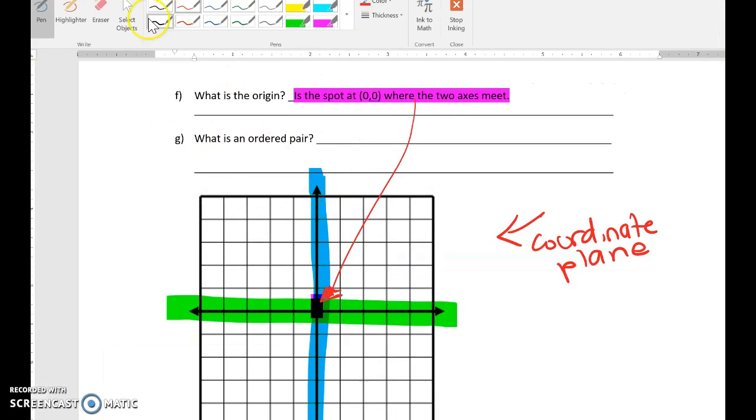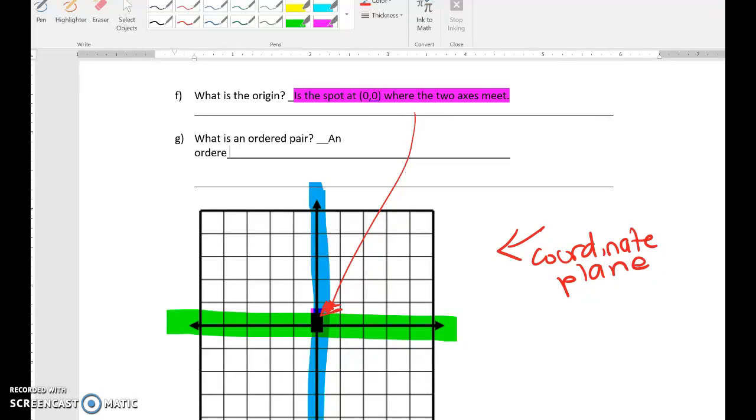And what we're going to just do is type an ordered pair. An ordered pair is written in the form x comma y, with those parentheses, such as, and let's give an example, -1, 5.